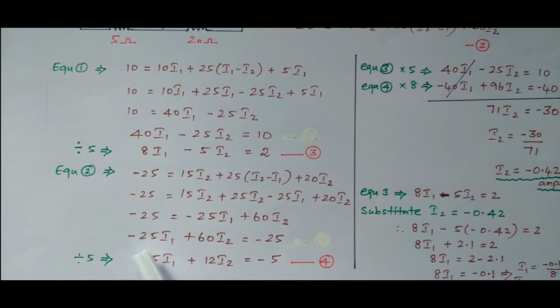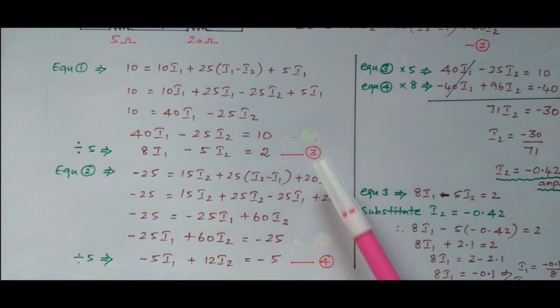So here also we can divide by 5. 25 divided by 5, 5, 60 divided by 5, 12, minus 25 divided by 5, minus 5. We take this as equation number 4. Now equation 2 is simplified, and finally we got this simplified equation. This is equation number 4.